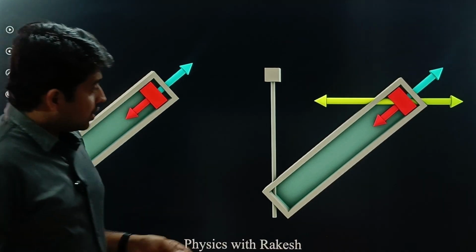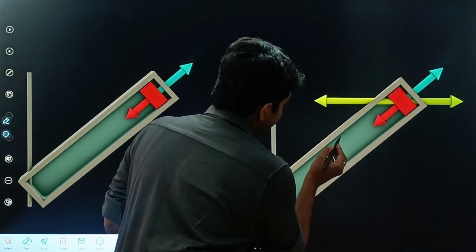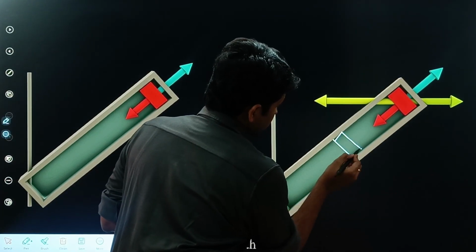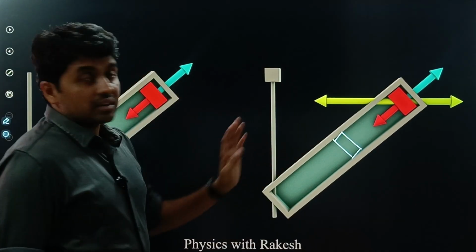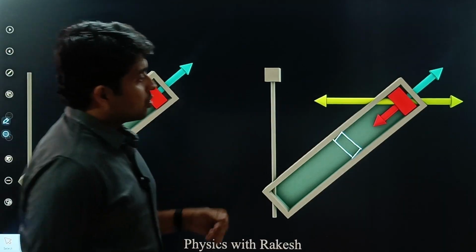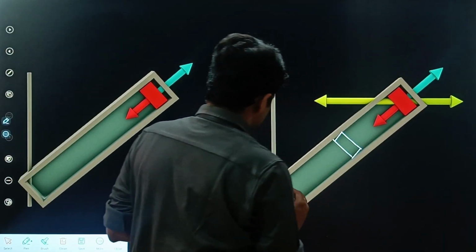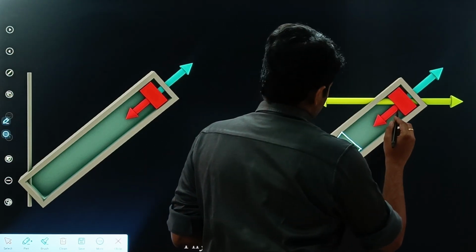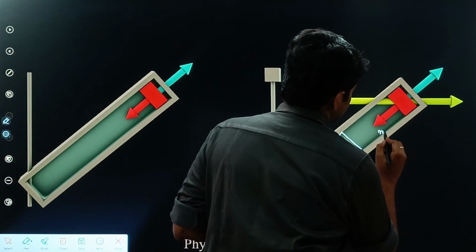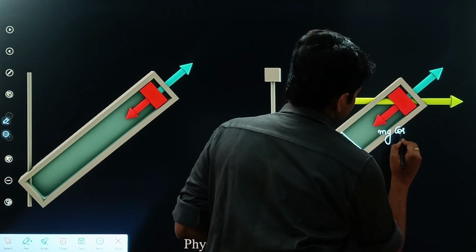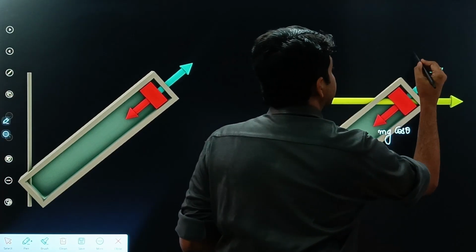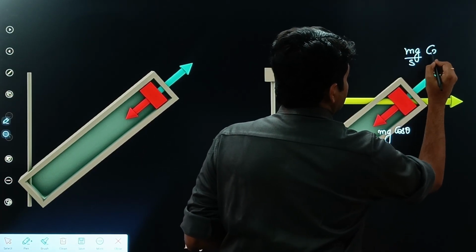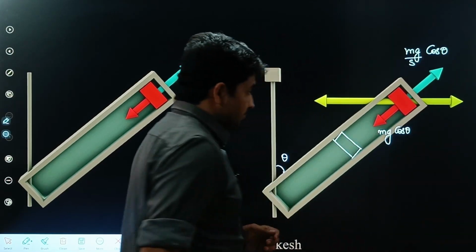So now, suppose the body finally comes here, and here it is in equilibrium. What are all the forces? Tell me. If this is some angle theta, this will be mg cos theta. This will be mg by s cos theta.